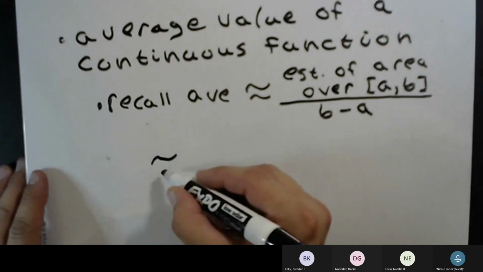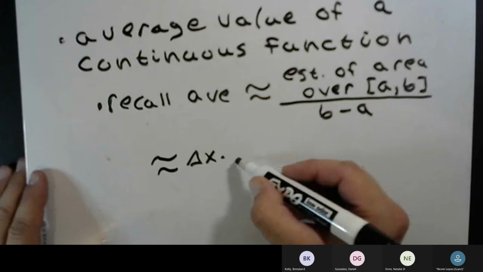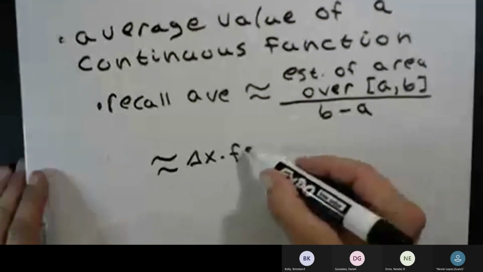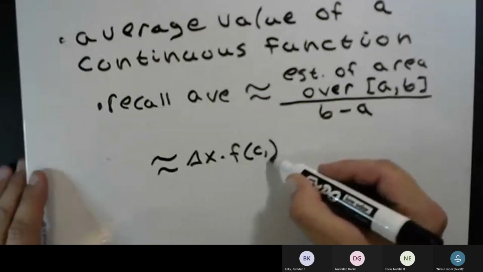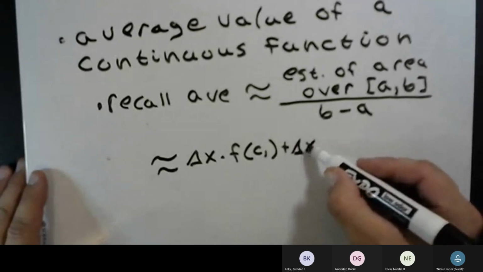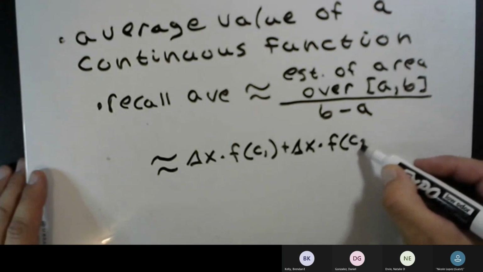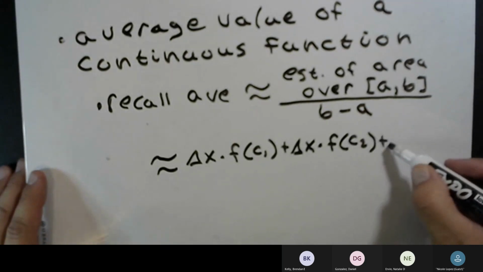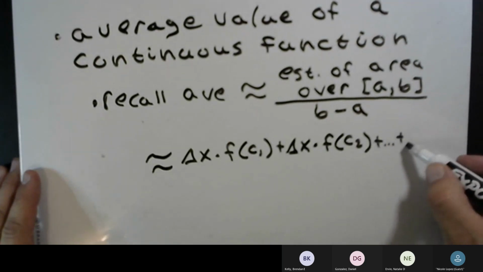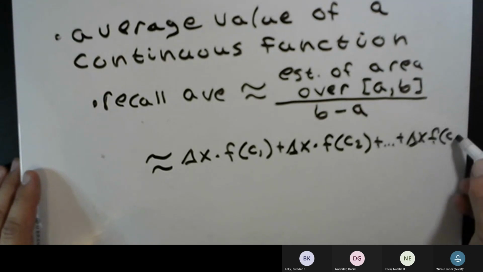Or what this turned out to be was delta x times f of c1 plus delta x times f of c2 and so on up to delta x f of cn.